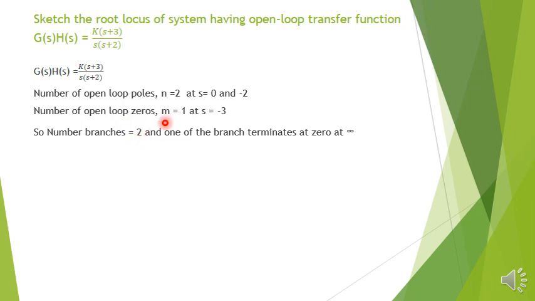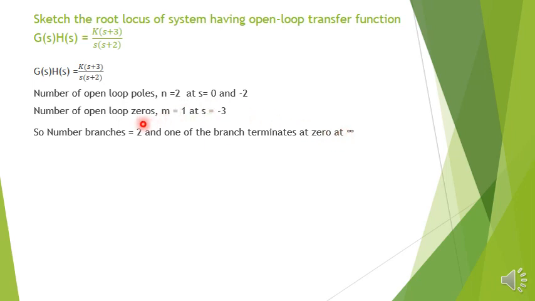And out of the 2 branches, two branches start from s equal to 0 and s equal to minus 2. That is because root locus starts from open loop poles. One of the branches terminates at s equal to minus 3, that is at the open loop zero, and the other branch terminates at zero at infinity.